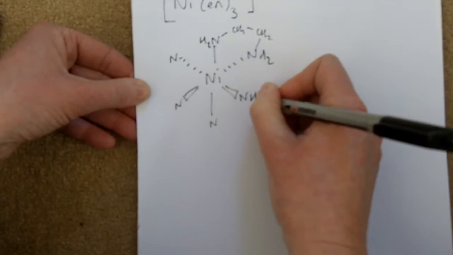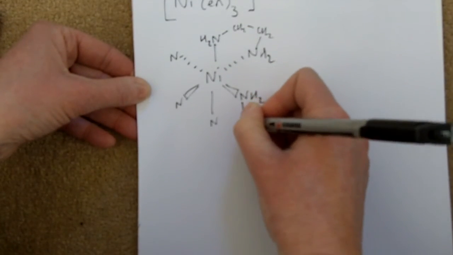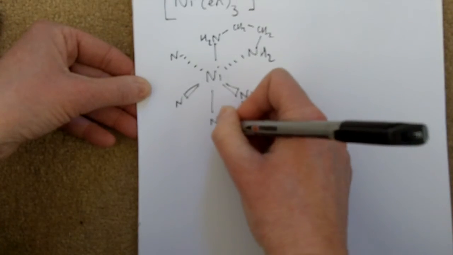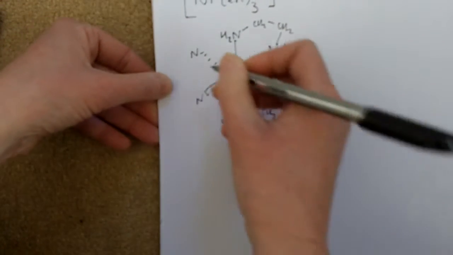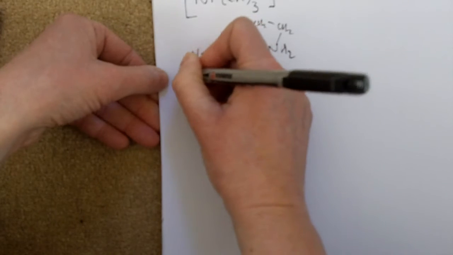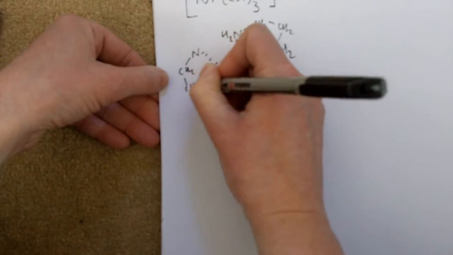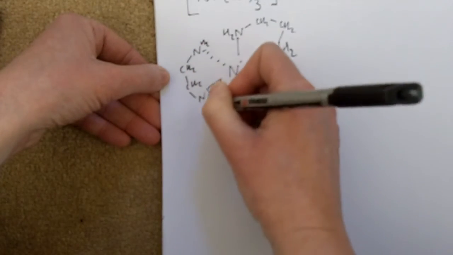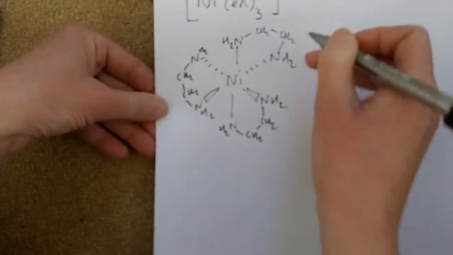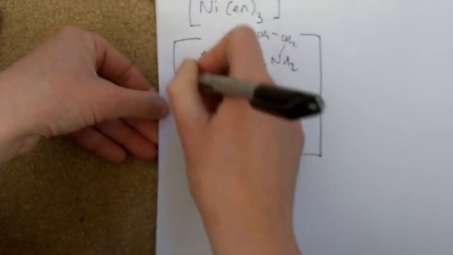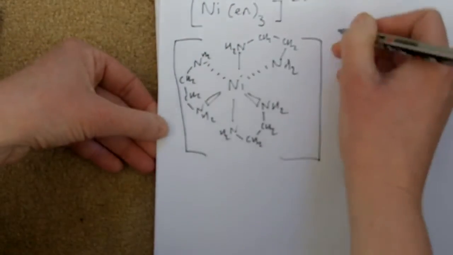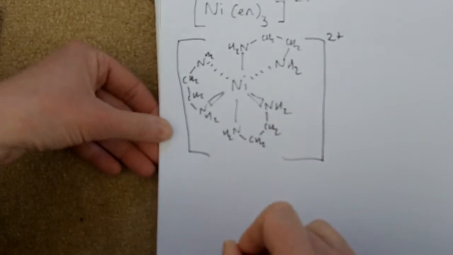And you do that on each one. Okay, CH2, CH2, H2, H2. And that is 6 coordinate bonds, 3 ligands, and that's that.